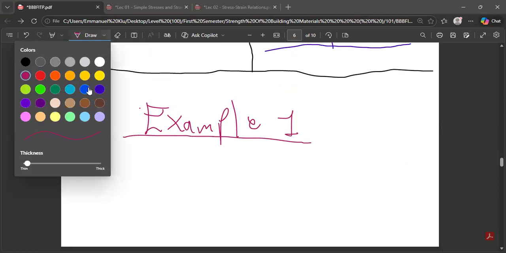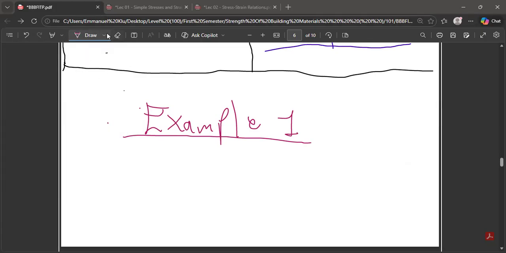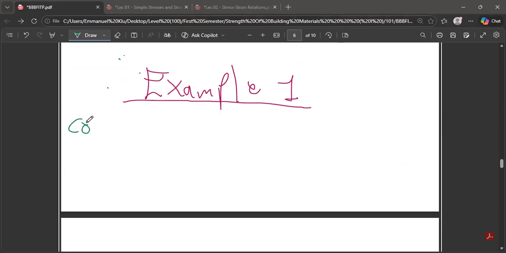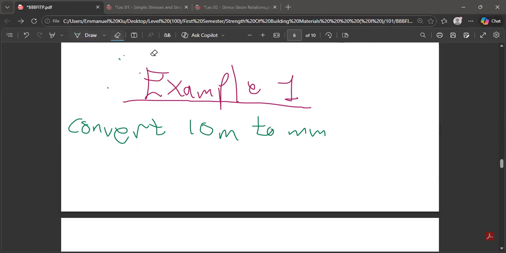And I'm going to say: convert, let's say, 10 meters to millimeters. Is it clear? Convert 10 meters to millimeters. Are we good to go?